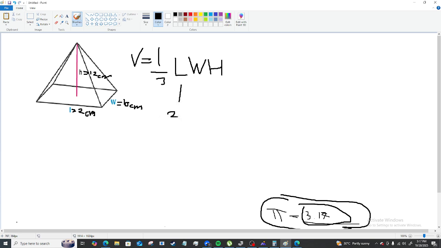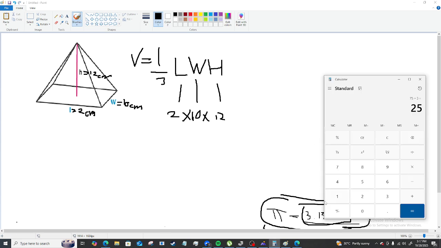Length 2 times width 10 times height 12. Let's solve this. 2 times 10 times 12.